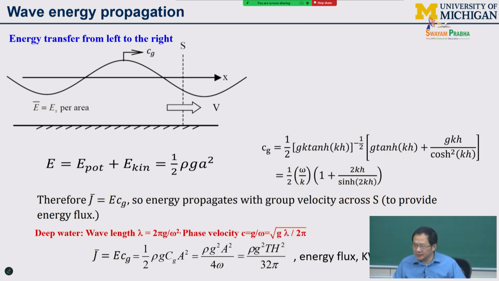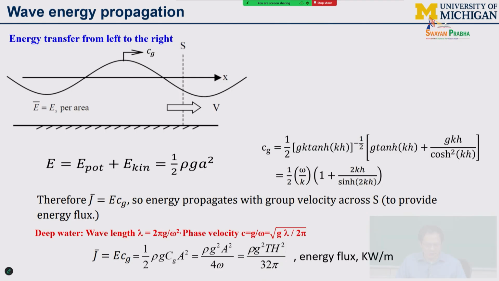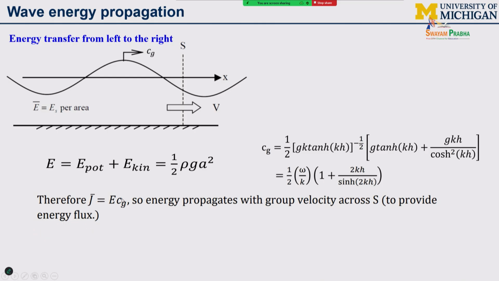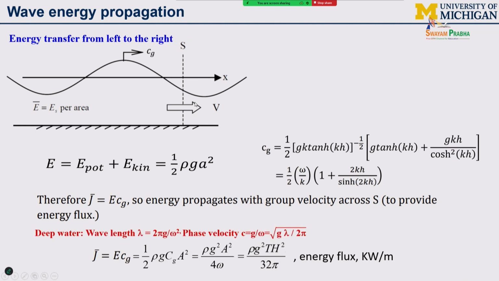You can get a closed form solution for this. So this energy flux transmits at the group velocity, and you can get a closed form solution. I skip how you get this solution, but I gave you the conclusion. So energy transfers at the group velocity across this surface area.